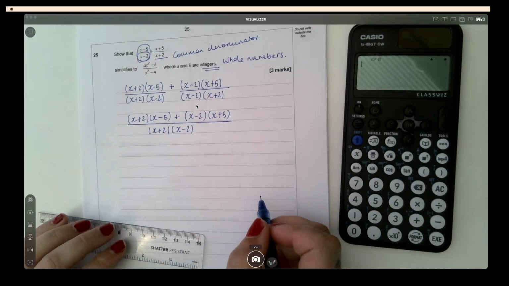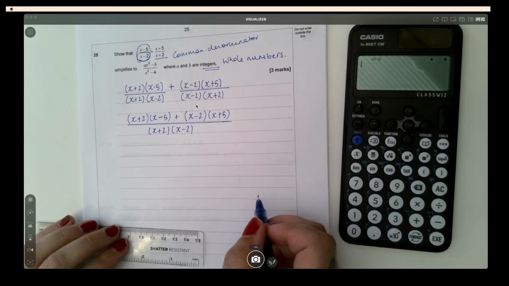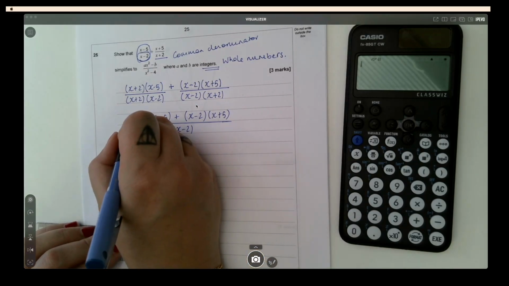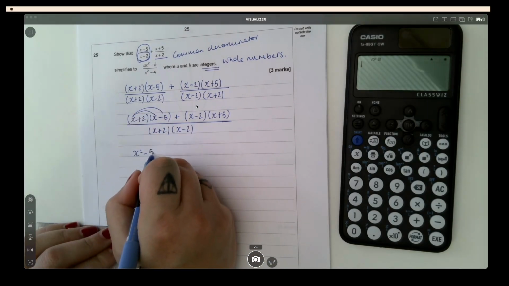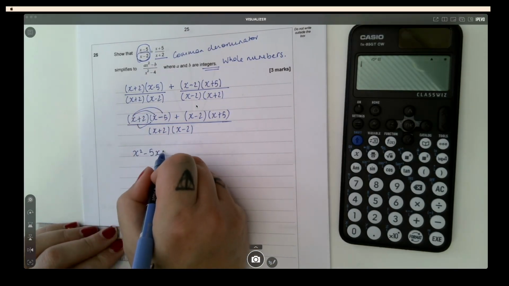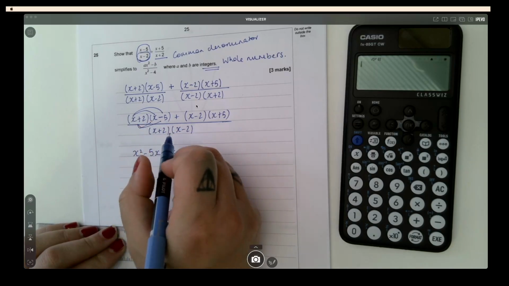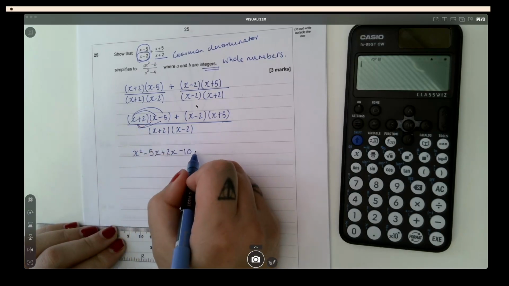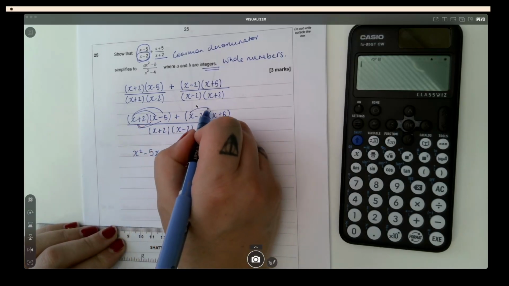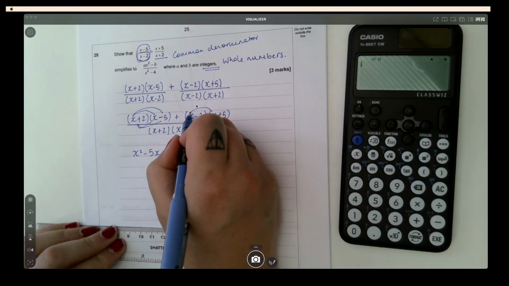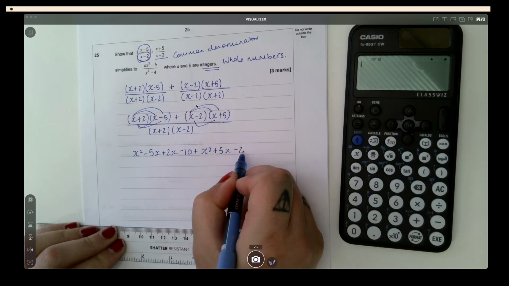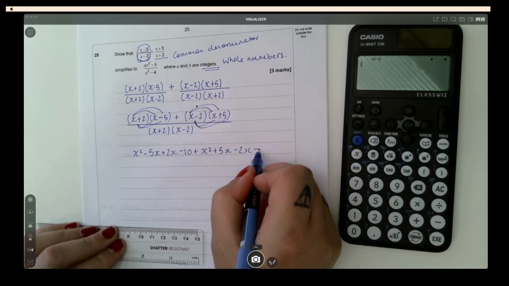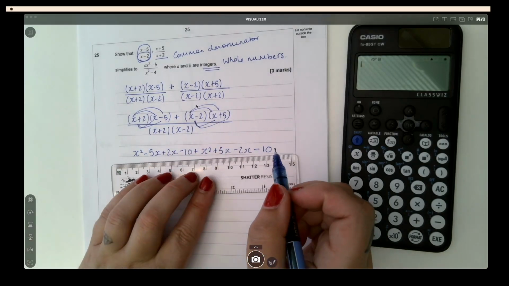Now we're going to start expanding brackets to make our life a little bit easier. When I expand these brackets, we get x squared, subtract 5x, add 2x, subtract 10, plus x squared plus 5x, subtract 2x, subtract 10.